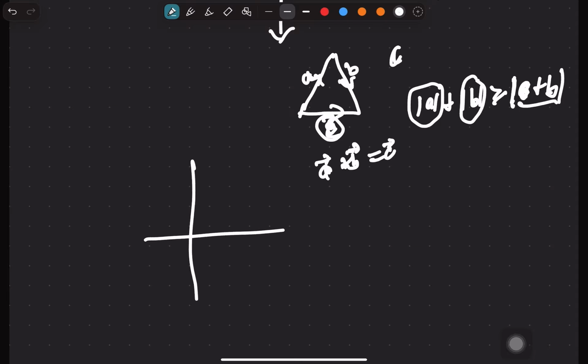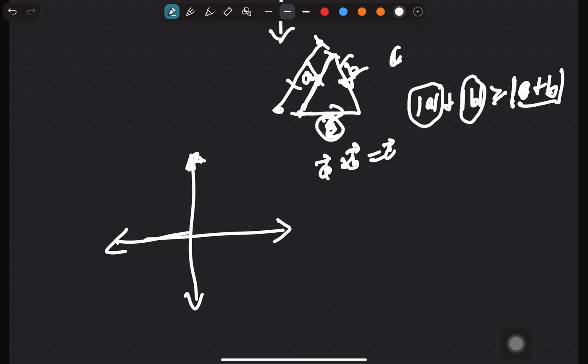So in a complex plane, whenever I have two complex numbers, you can't expect that the magnitude of the resultant should exceed the summation of the magnitudes of the individual complex numbers. It's not going to be possible. So as seen over here, as I was explaining earlier, when we sum A plus B, the magnitude of A is how long A is from here all the way to here.